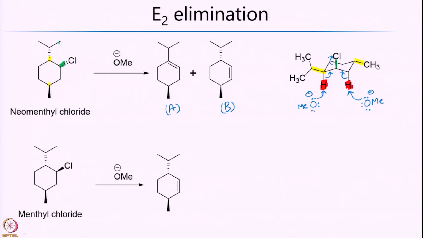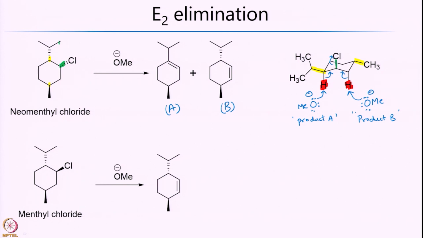So, this would lead to pathway A or the product A, and this would give the product B, right. So, this is the reason why one observes both product A and product B in this reaction.